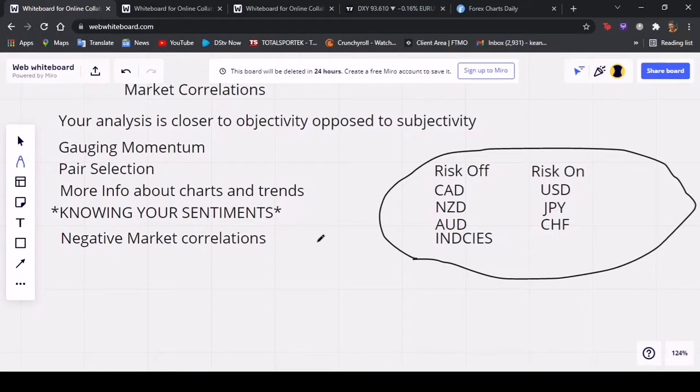So I'm going to give you a quick example. When COVID cases first broke out in the US and other countries went into lockdown, right? If you were trading at the time, you would have seen the dollar was very bullish, meaning that it was moving other currencies, okay?